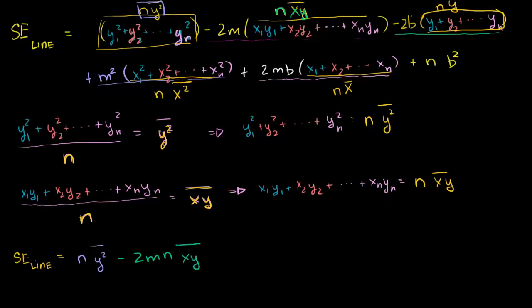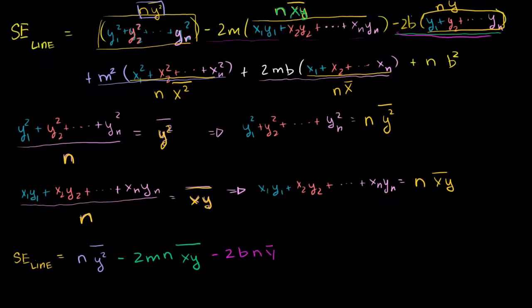And then we have this term over here. And I think you can appreciate this is simplifying the algebraic expression a good bit. This term right over here is going to be minus 2bn times the mean of the y values.